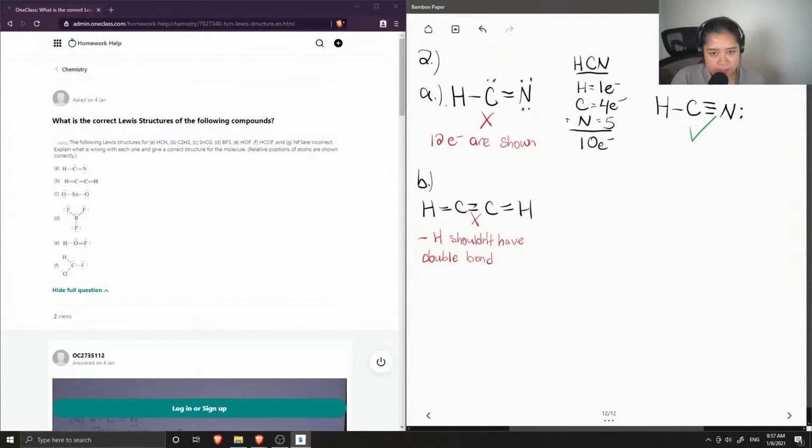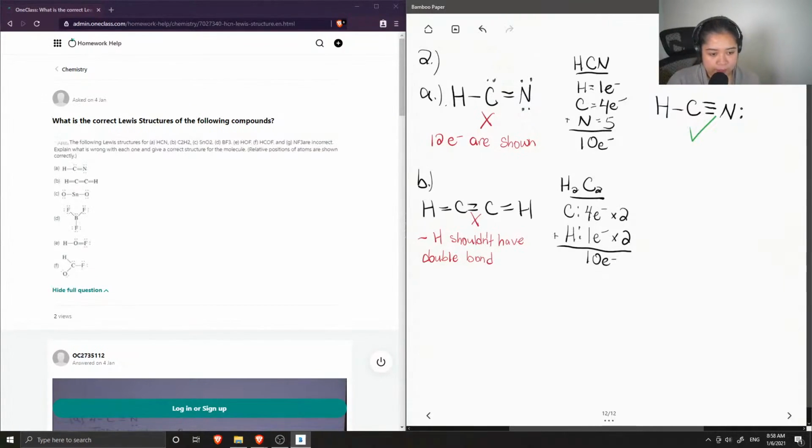So you'll never see hydrogen having a double bond. So now let's find out how many electrons are supposed to be in this molecule. We have 2 carbon atoms, each with 4 valence electrons, and we have hydrogen with 1 electron each, but there are 2 of them as well. So we're only supposed to have 10 electrons in this molecule.